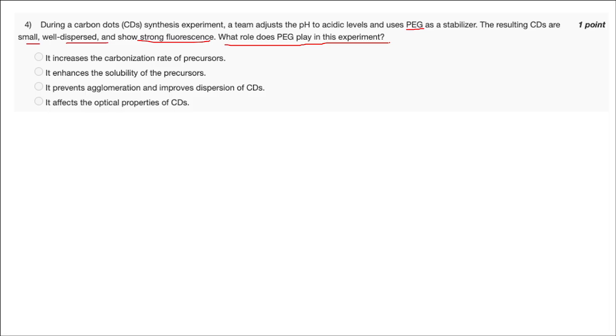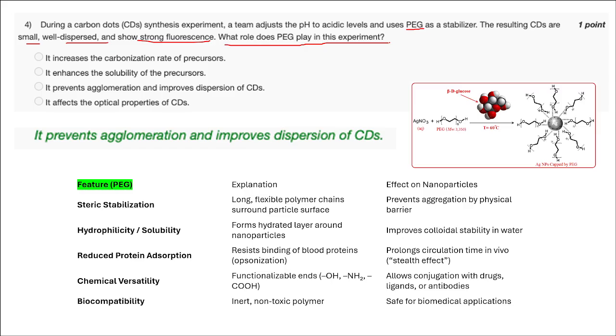Okay, so I guess most of you have given the correct answer. Good. So it prevents agglomeration and improves dispersion of carbon dots. So how does this happen? I have also attached a picture here of silver nanoparticles that are formed, and these silver nanoparticles are being capped by PEG, that is polyethylene glycol.